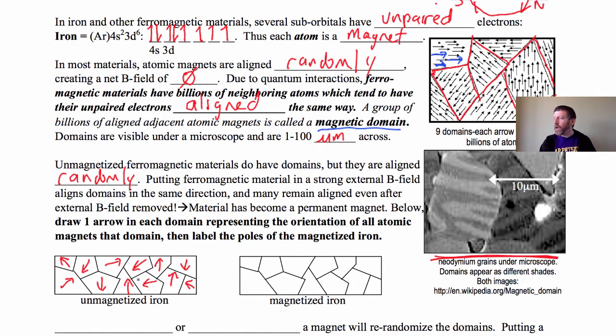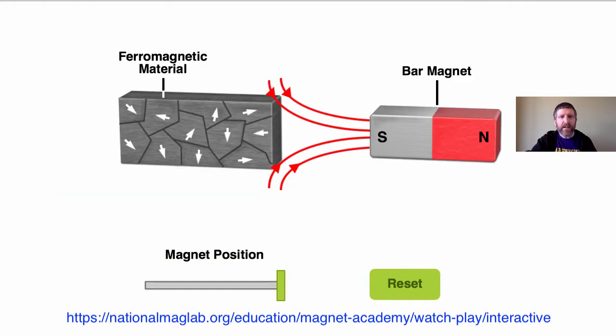So if you put a ferromagnetic material in a strong external B field, that aligns the domains in the same direction, and many will remain aligned even after the external B field is removed. Here's a really cool applet that shows exactly that.